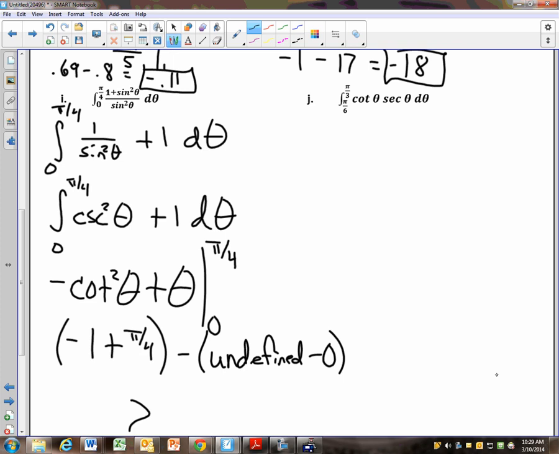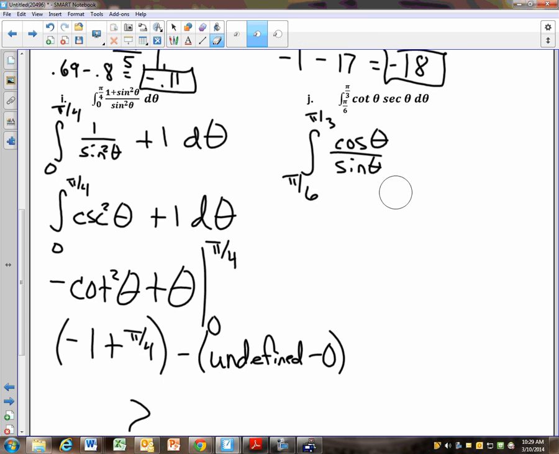What are you going to do here? A product rule is when you take the derivative. We're trying to do the antiderivative. Good, let's do that. What happens?